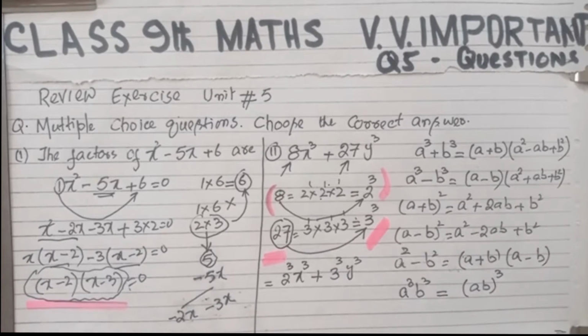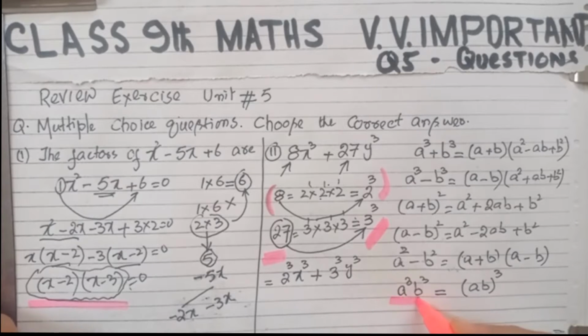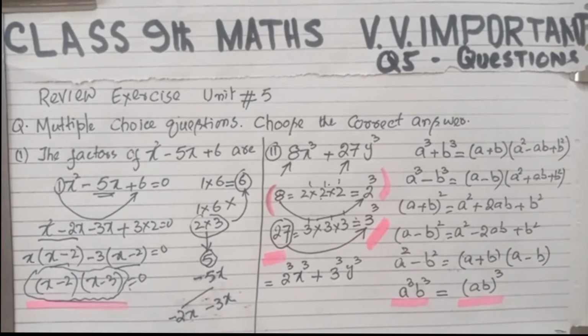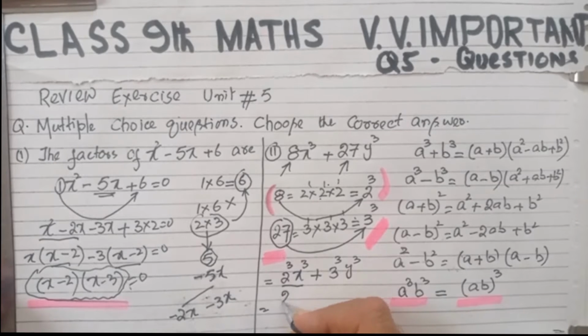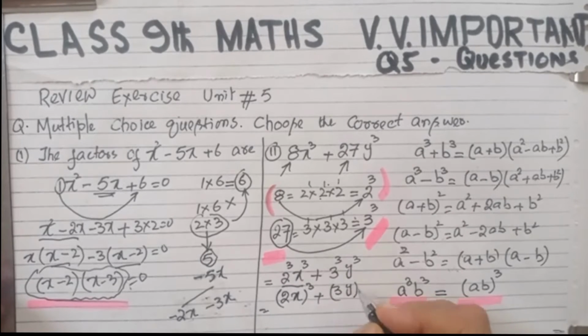Please see here, you should go proceeding. So a cube, b cube, you get (ab) whole cube. So I can write this one as (2x) whole cube plus (3y) whole cube.